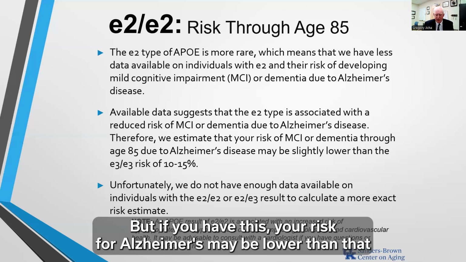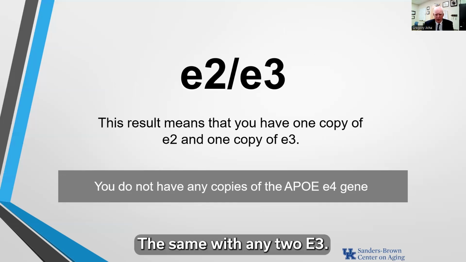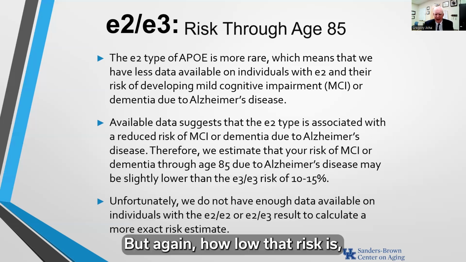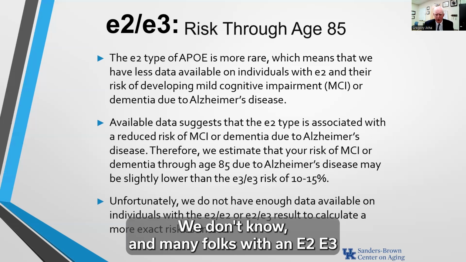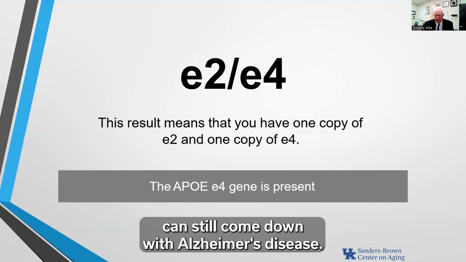But if you have this, your risk for Alzheimer's may be lower than that 10 to 15%. The same with an E2, E3. There may be a slightly lower risk of Alzheimer's disease, but again, how low that risk is, we don't know. And many folks with an E2, E3 can still come down with Alzheimer's disease.